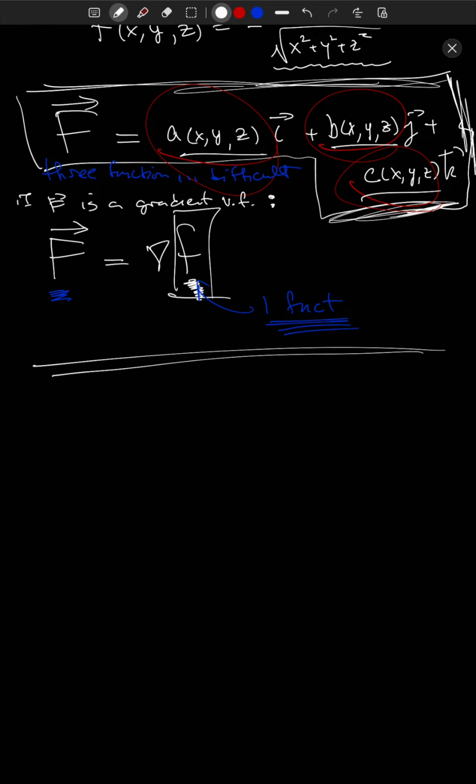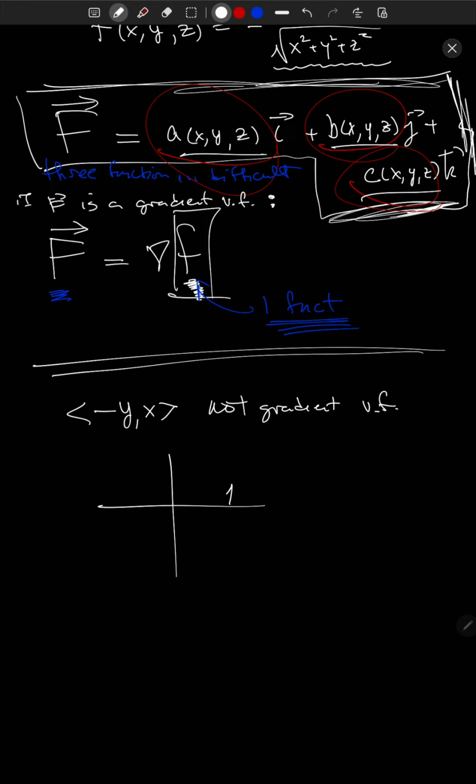In fact, we've seen one already. The rotational vector field, y, x, this cannot be a gradient vector field. How do we know that? Well, let me draw a circle here. This vector field, let me do it kind of dotted. This vector field here, at every point, it's pointing in this direction like this, right?